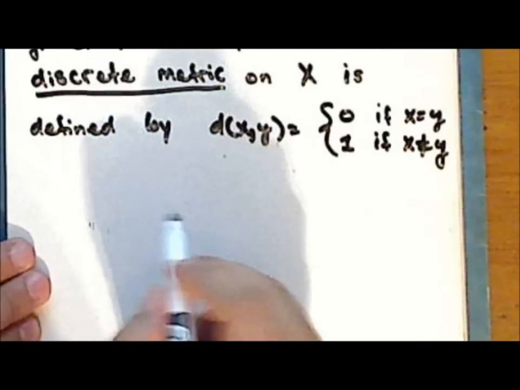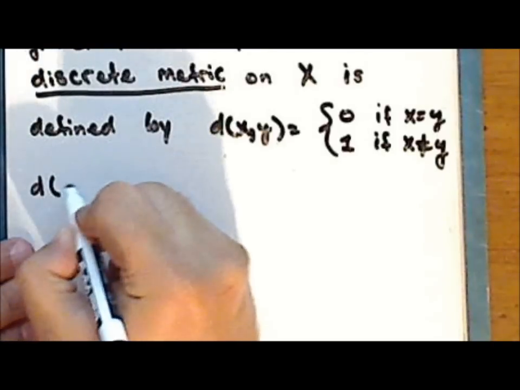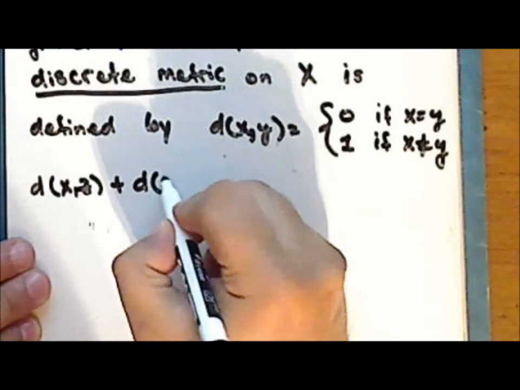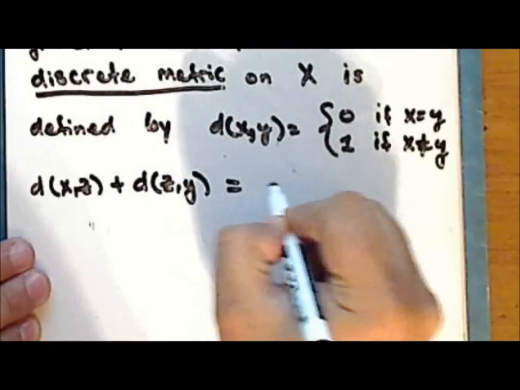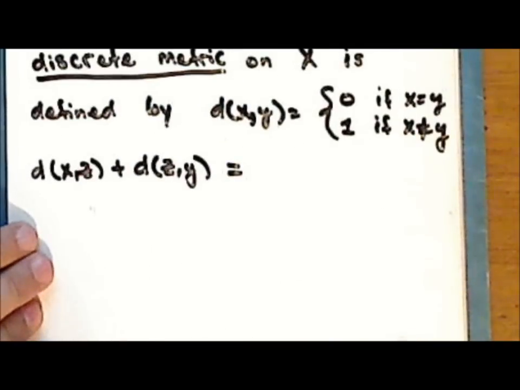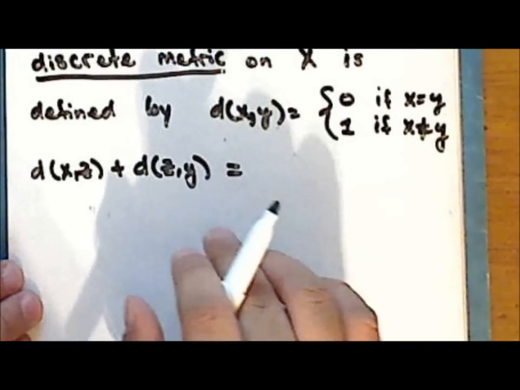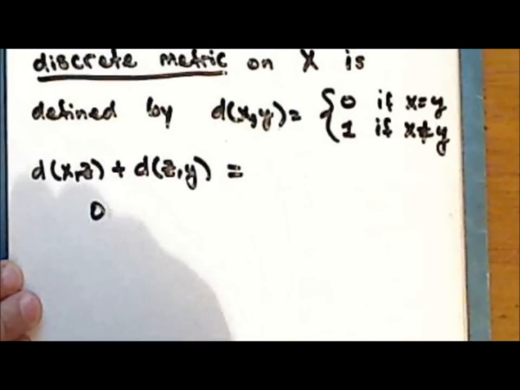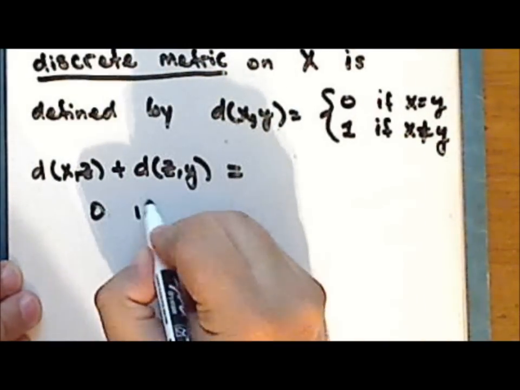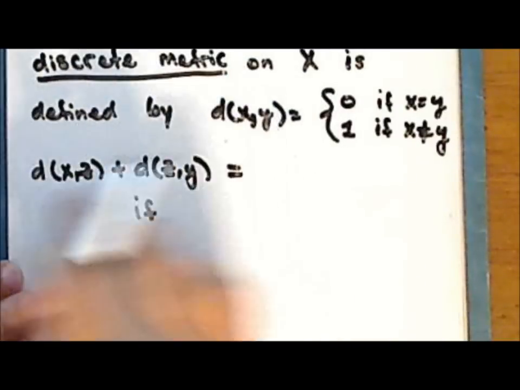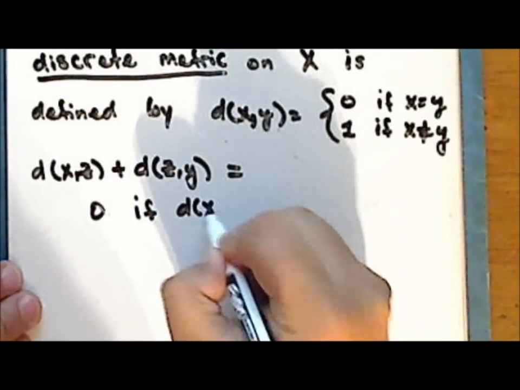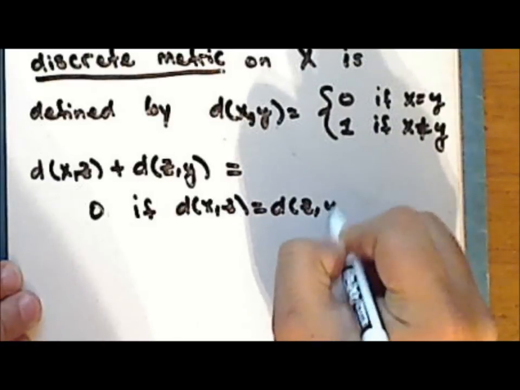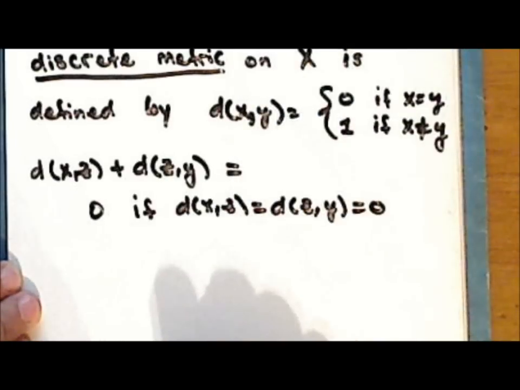So we'll look at the sum of the distance from x to z with the distance from z to y. And we see that this will take possibly three different values. We have the possibility of 0 if both d(x,z) and d(z,y) are 0.